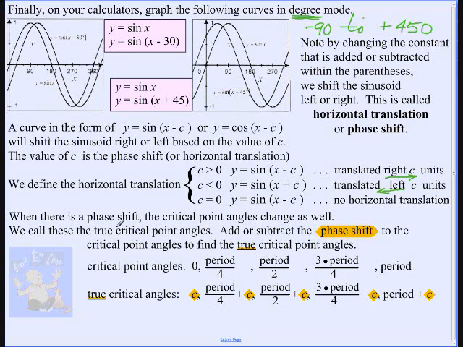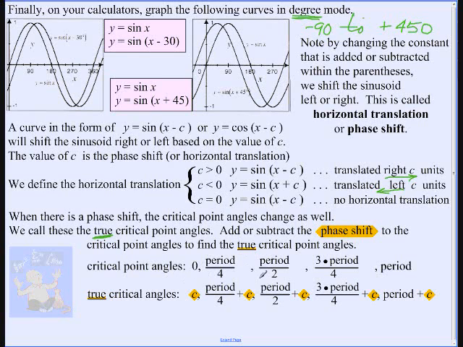It gets tricky now. This is one reason I saved this for its own lesson. When you have a phase shift, the critical point angles change as well. These we're going to refer to as the true critical point angles. You add or subtract the phase shift depending on which way you're going to find the true critical point angles.